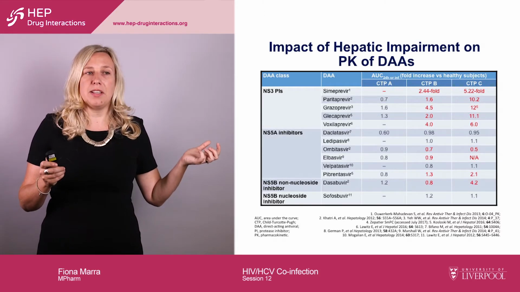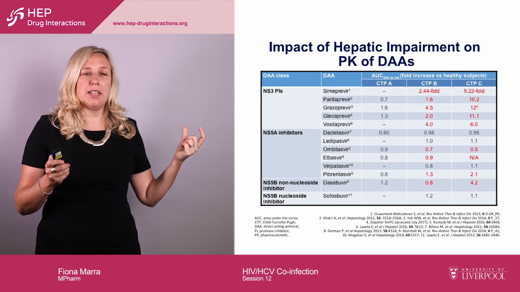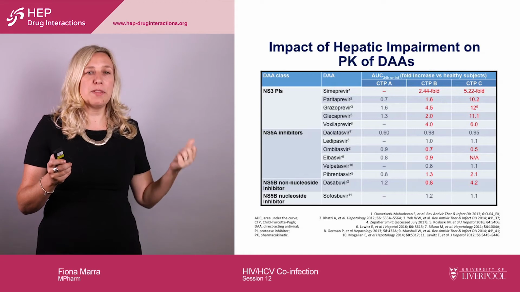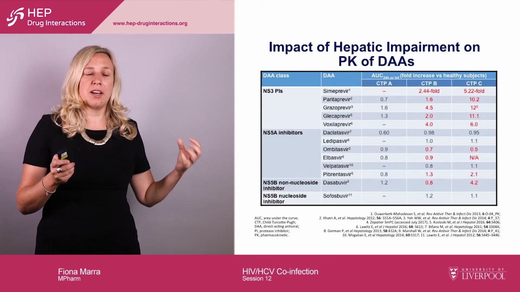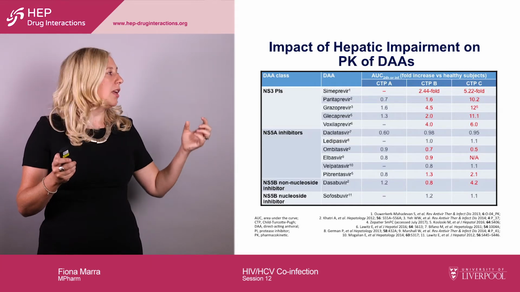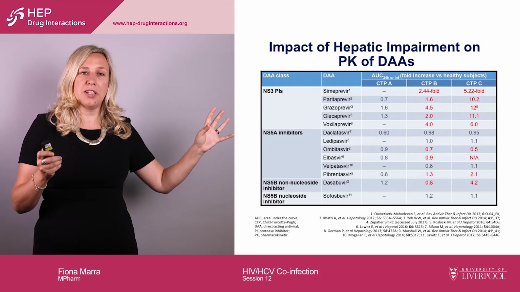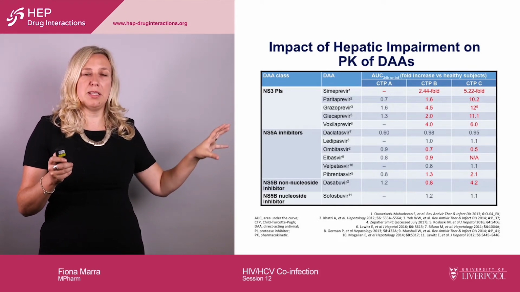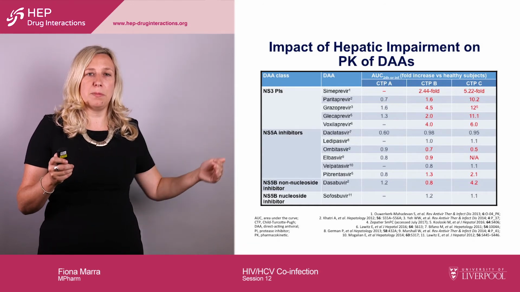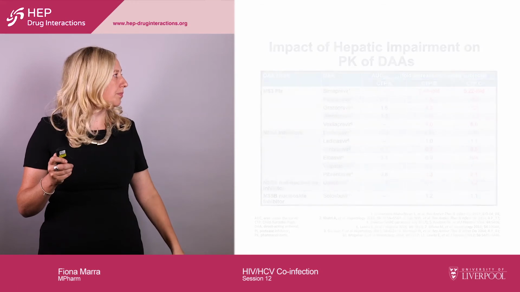And if this patient's liver disease progresses, we can only use sofosbuvir containing regimens with velpatasvir and ledipasvir, because these are the only ones currently licensed for patients with Child-Pugh B or C cirrhosis. So currently our patient is Child-Pugh A, and that's fine, but it's really important that we have this table and these parameters in mind as our treatment progresses with this patient, or if we don't treat him straight away.